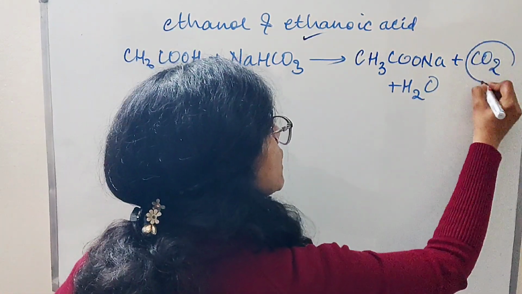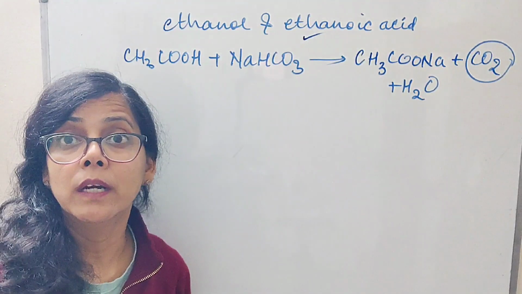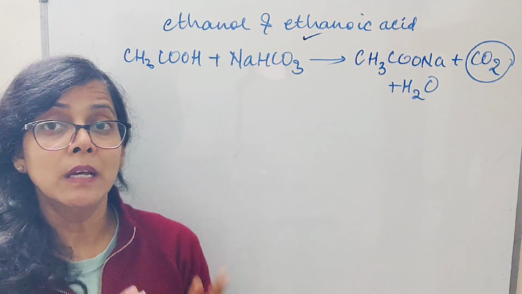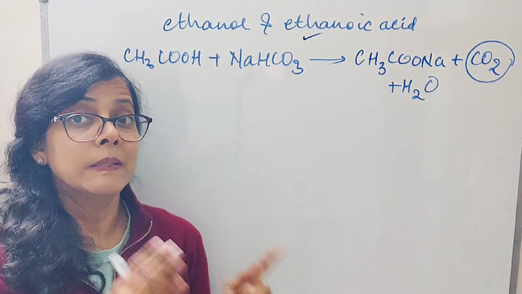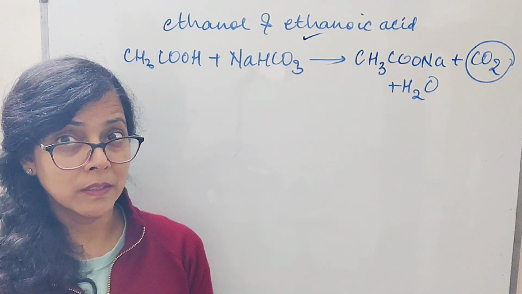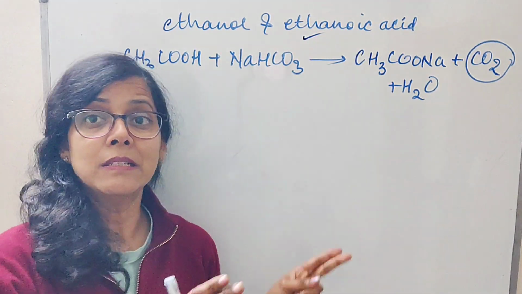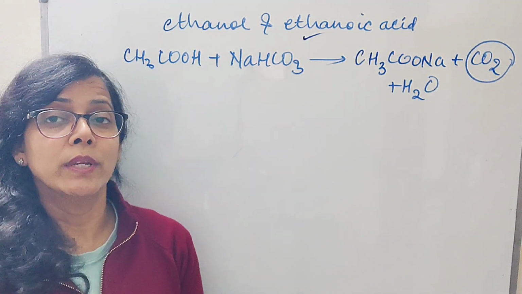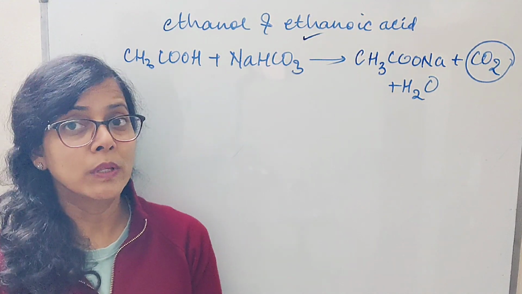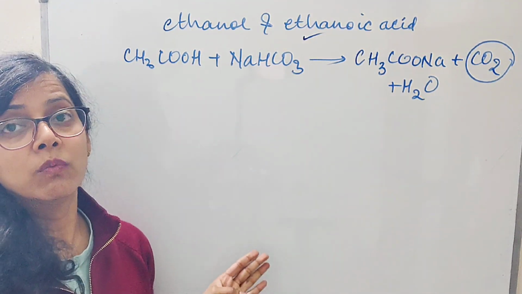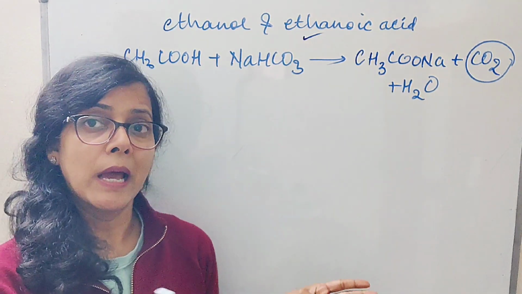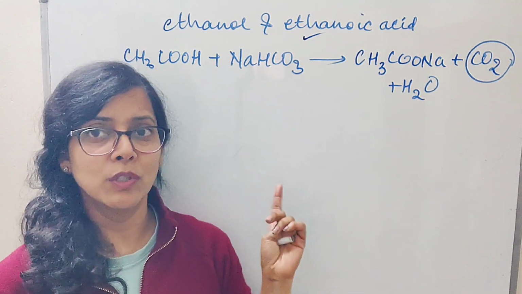So CO2 is released here. You will write that when ethanoic acid reacts with sodium bicarbonate, CO2 is released, and ethanol does not show any such reaction with sodium bicarbonate. In this way you can distinguish between ethanol and ethanoic acid. So this is question number 1.